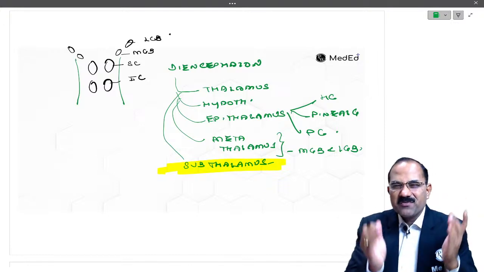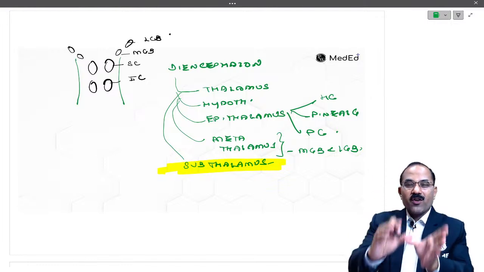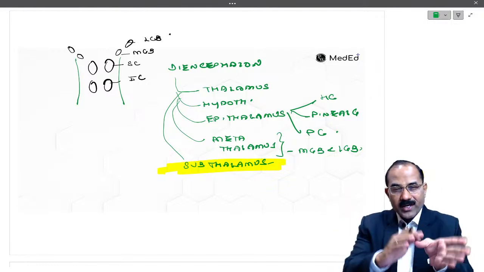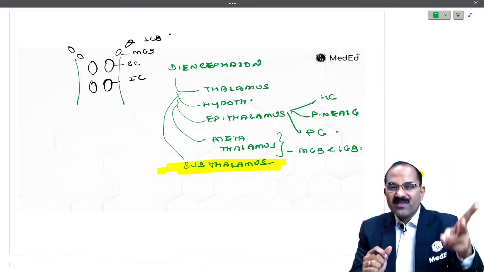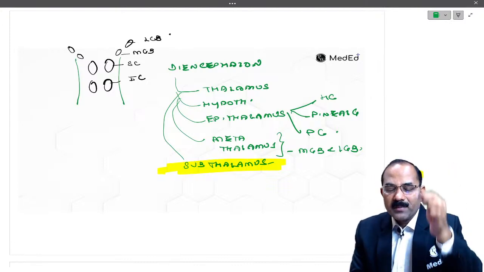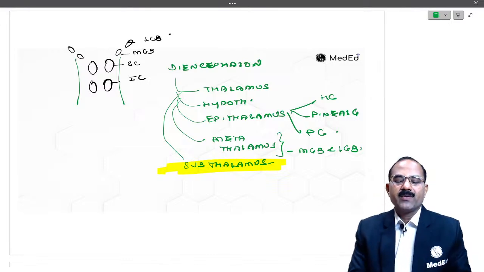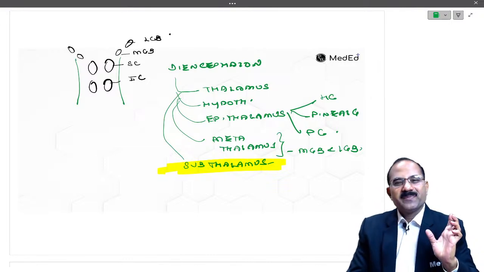You know the parts of basal ganglia, bacha? It is the caudate nucleus and putamen, what we call the striatum. Second, globus pallidus. Third, substantia nigra. And the fourth is the subthalamic nucleus, right? Barabar hai?